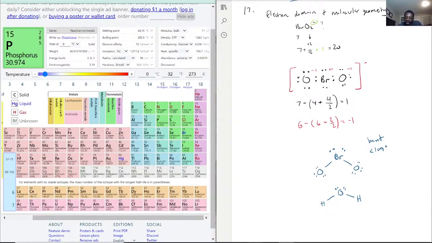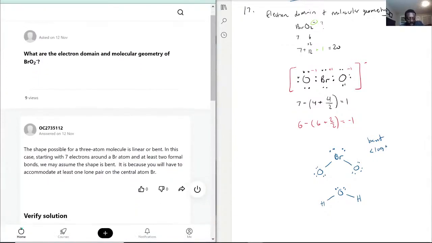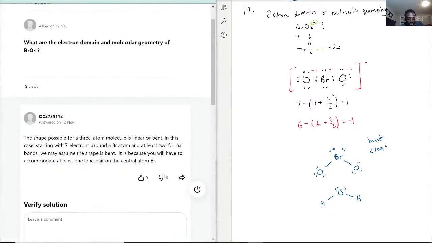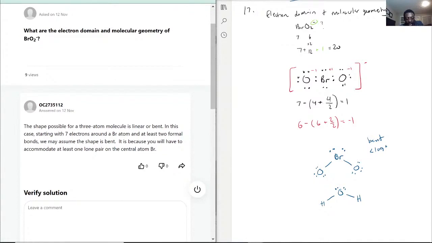So we have the electron domain based on the Lewis dot diagram, and we now have the molecular geometry as well, so it's bent. And you need to accommodate at least one lone pair on the central atom bromine.